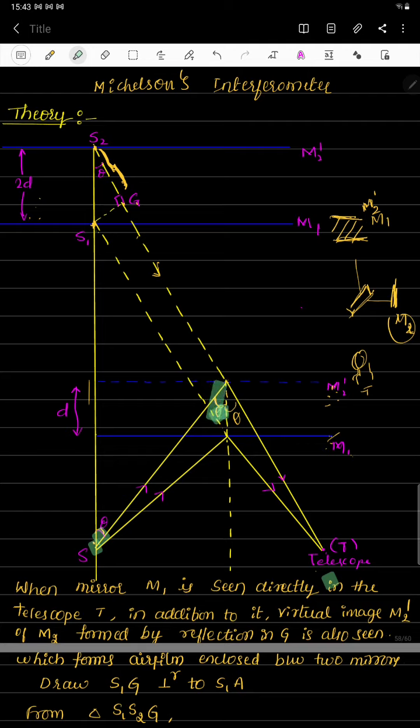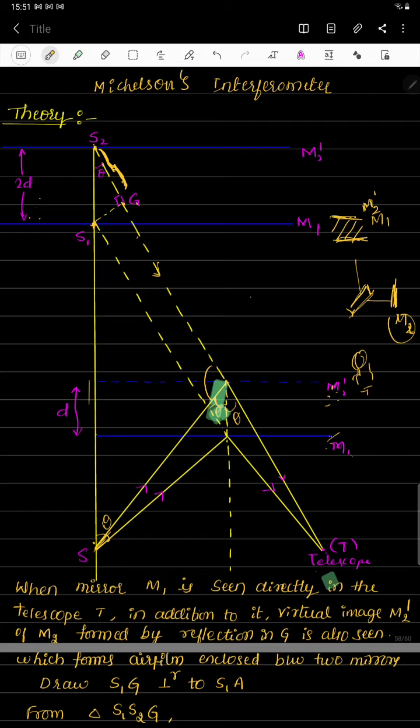So this angle becomes equal to theta. This becomes 180 minus 2 theta, and this becomes equal to theta, obviously, because this is the triangle.